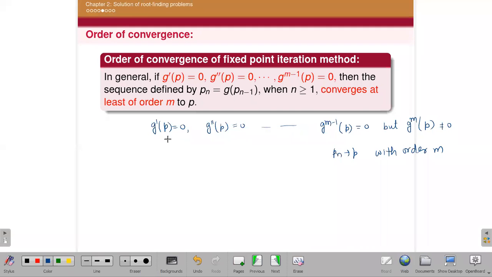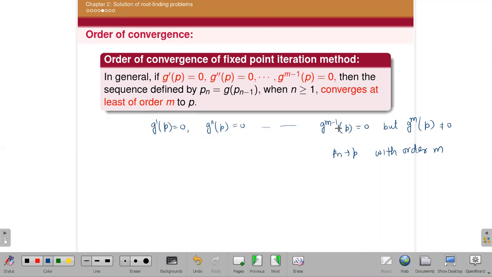So here if g dash p is non-zero, means if first derivative is non-zero, then the convergence is linear, means first order convergence. If second derivative is non-zero, then you will get second order convergence. If third derivative is non-zero, you are getting third order convergence. If mth derivative is non-zero, then you are getting mth order convergence.